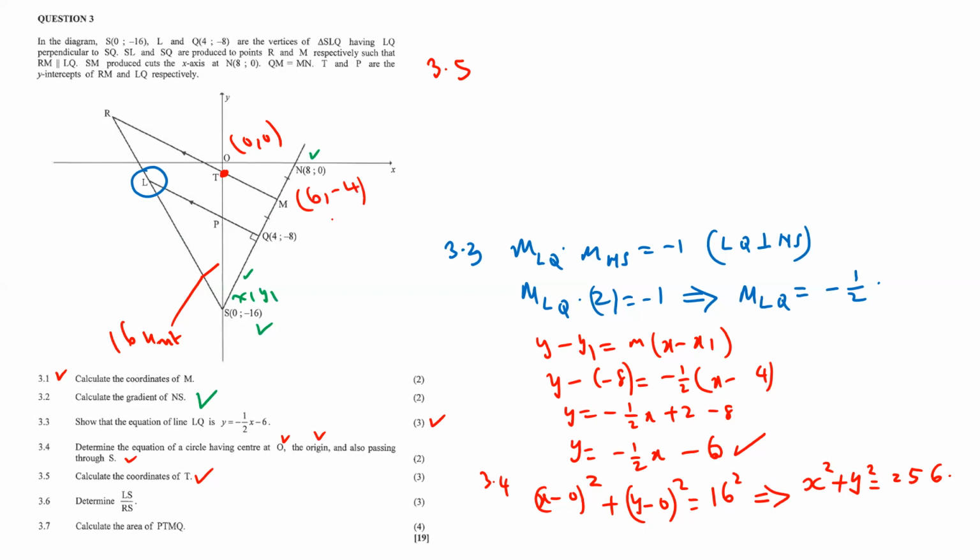Now you can see that these two lines are parallel. So we can tell, therefore, that the gradient of MR must be equal to the gradient of LQ. And we found the gradient of LQ to be minus 1/2. Why are these two lines, MR and LQ, having equal gradients? Because MR is parallel to LQ.